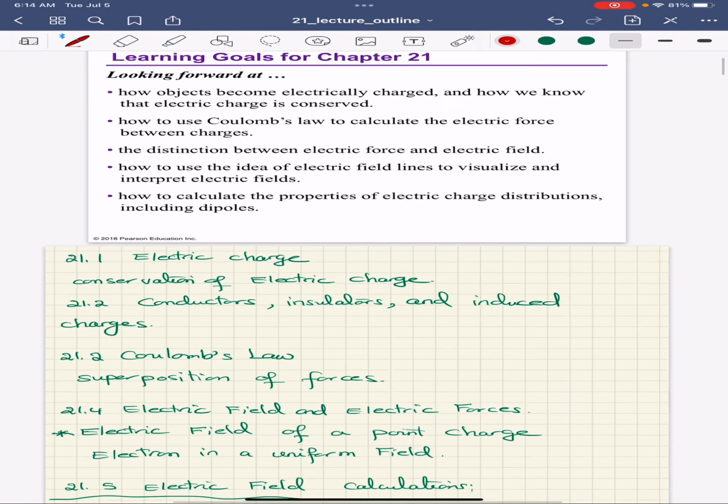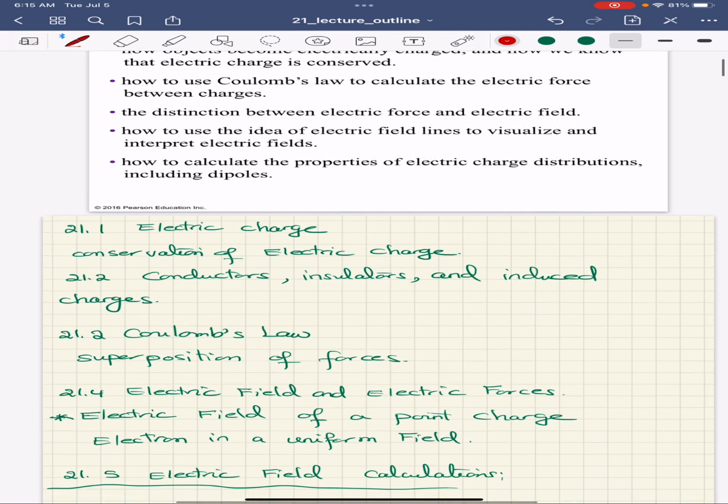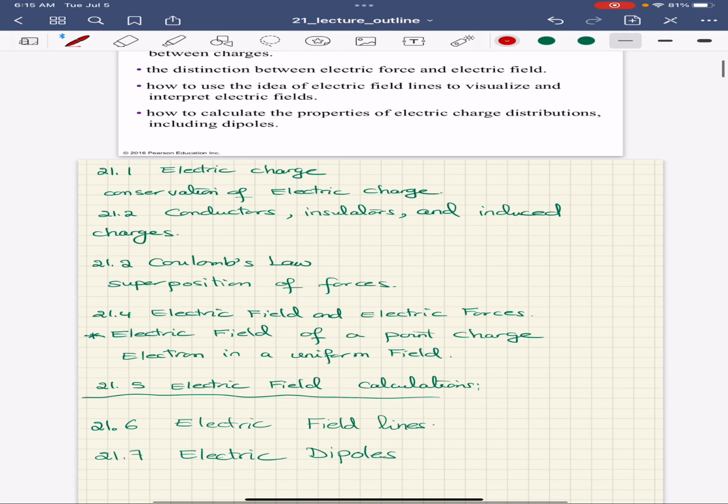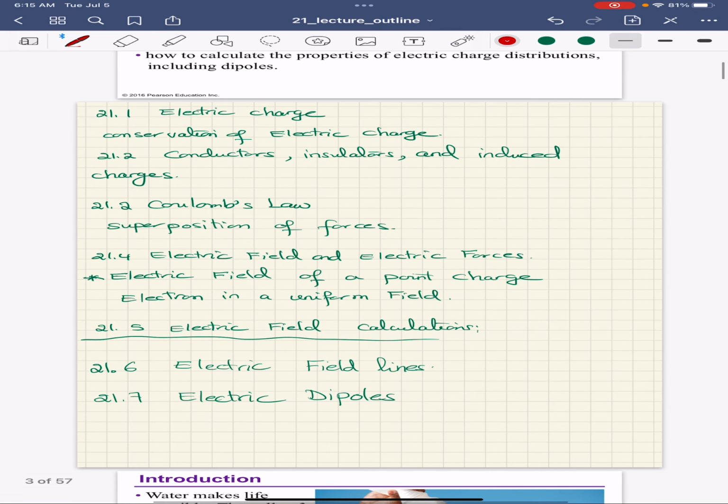Also, we will be able to calculate the properties of electric charge distributions, including dipoles. These are the sections in your textbook, and I'm highlighting the most important: electric charge, the conservation of electric charge, classifying materials into conductors, insulators, induced charges, Coulomb's law, and superposition of forces.